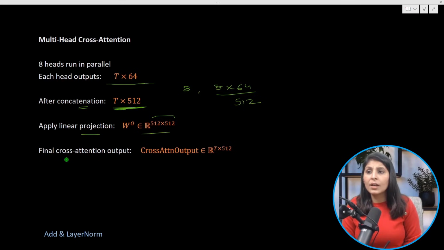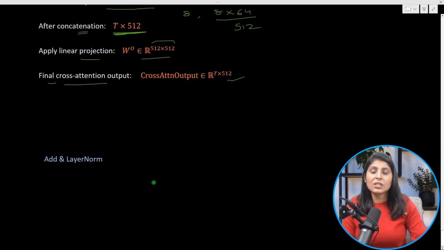After that, the final cross attention output will be this. See, the output shape is the same, t into 512, number of tokens into 512. And why do we have the same shape? Because I've told you that we are performing add and normalization layer after each sublayer of the decoder. So after this multi-head cross attention, we have add and normalization layer.